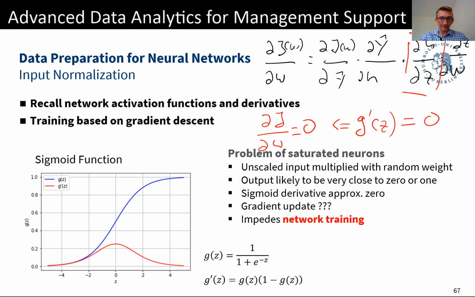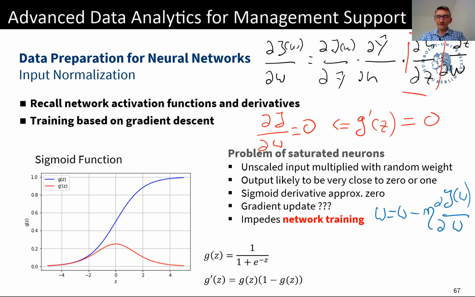Remember, if you add the gradient update to the picture, w is w minus the learning rate times the gradient.